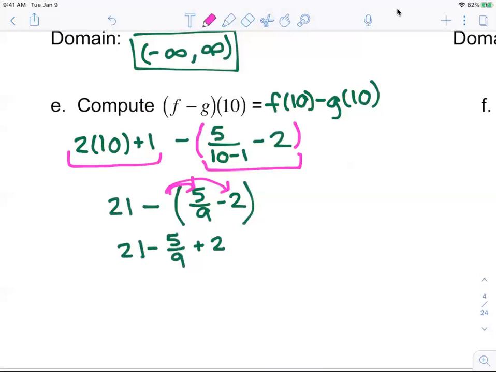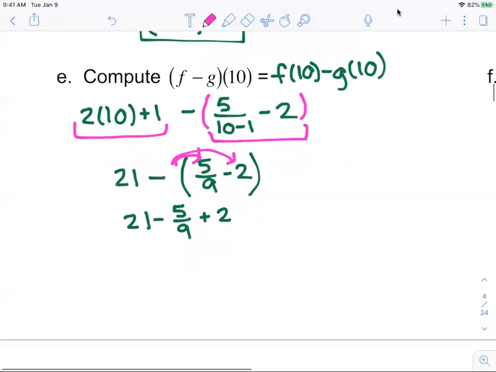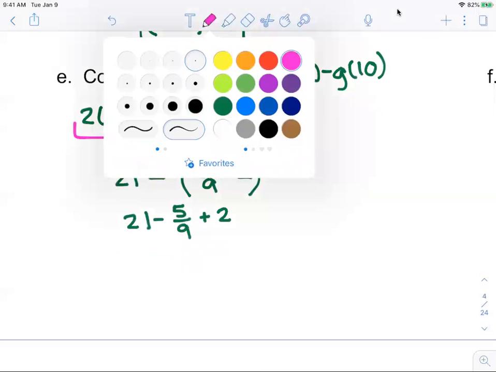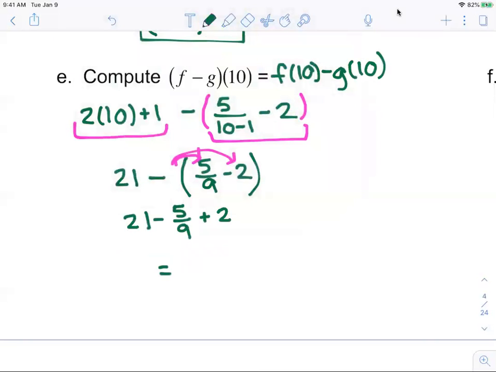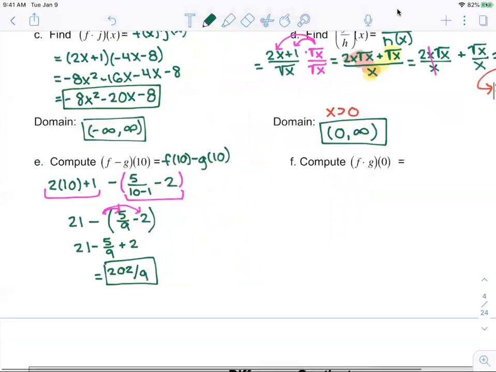So 21 minus 5/9 plus 2 is going to get you to 202 over 9. Again, I recommend that you use a calculator to do that. You are allowed to use a calculator on all parts.